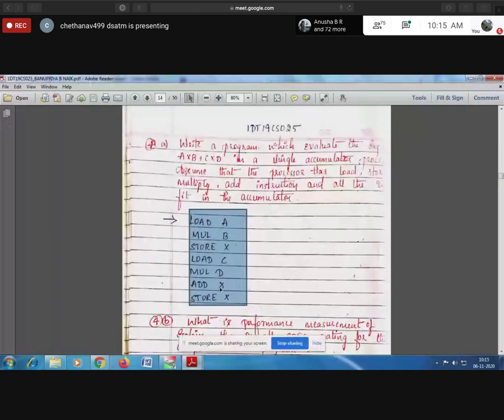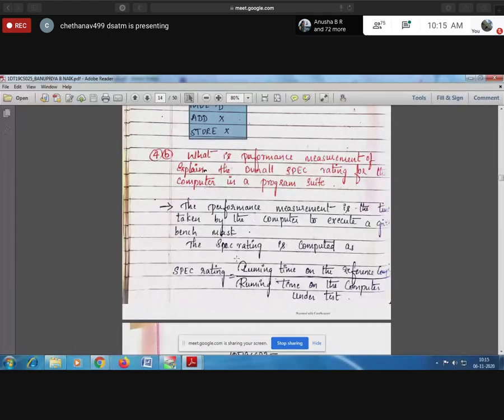So for that purpose, what is spec rating? Running time on the reference system divided by running time on the system under test. Suppose the reference system capacity is 50 and your system capacity is 100. Your system will execute 100 instructions per second, but the reference system executes only 50 instructions per second.